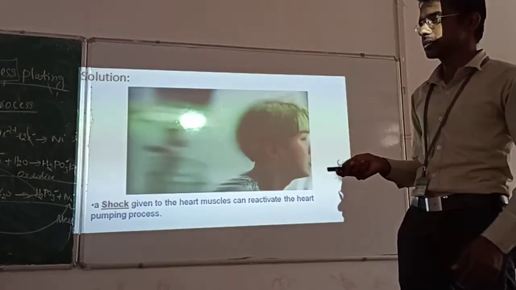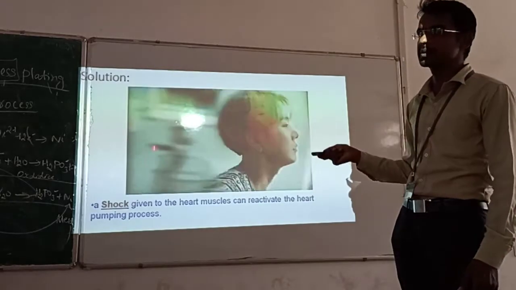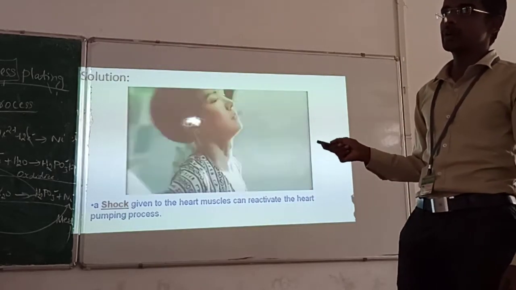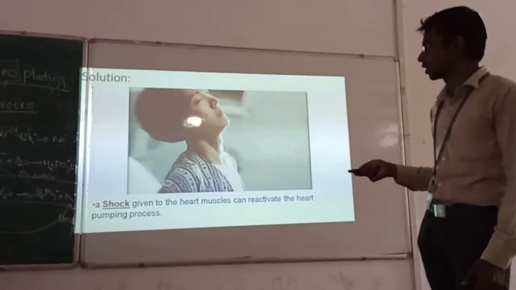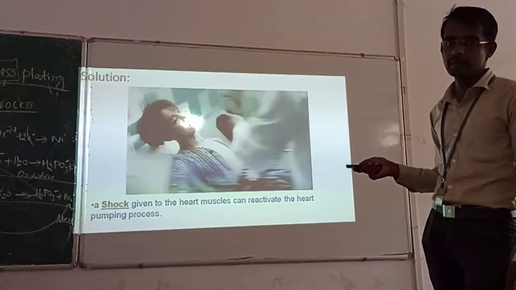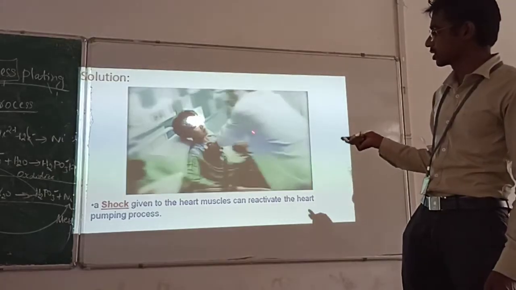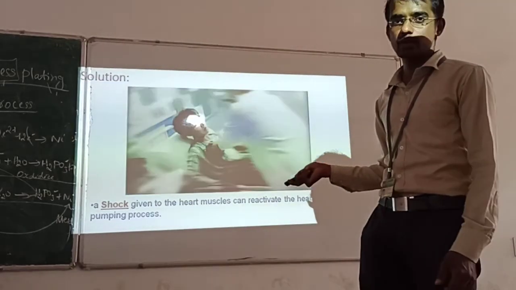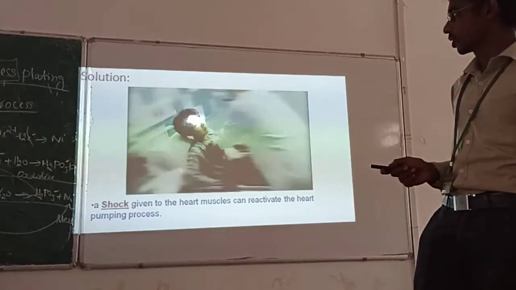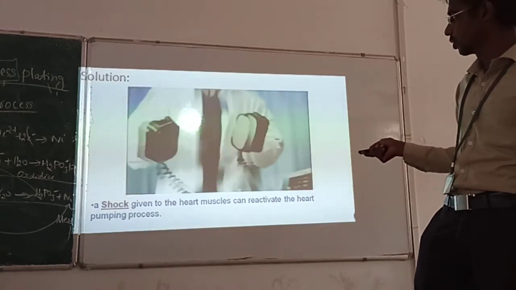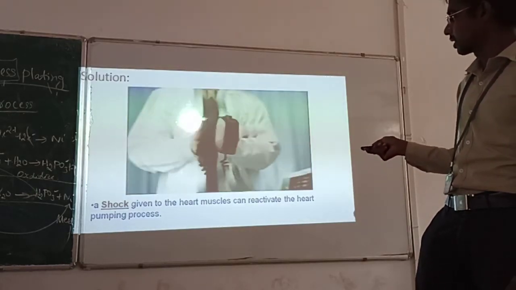You would have seen this in movies. The hero or heroine will be at the verge of death, then the doctor will come and do this. Right from the Mission Impossible movie till the Shivaji movie, this happens. These two things are nothing but the electrodes.